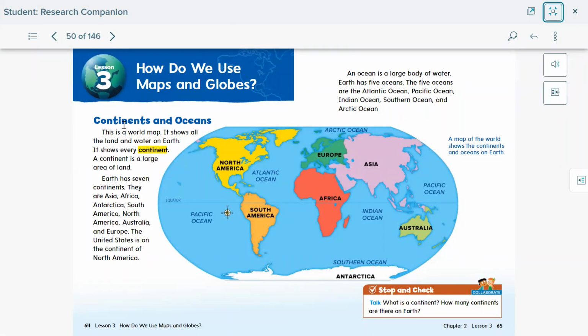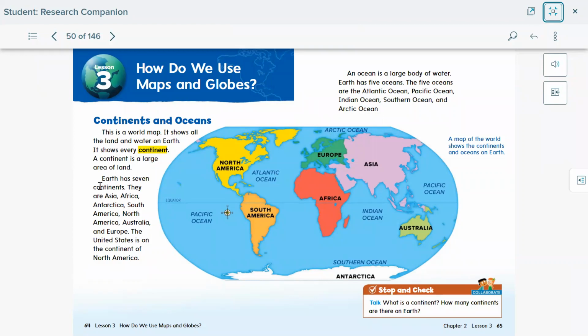All right, continents and oceans. This is a world map. It shows all land and water on Earth. You see the water, all the blue parts, and lands, these are the continents. It shows every continent: North America, South America, Africa, Europe, Asia, Australia, and Antarctica.